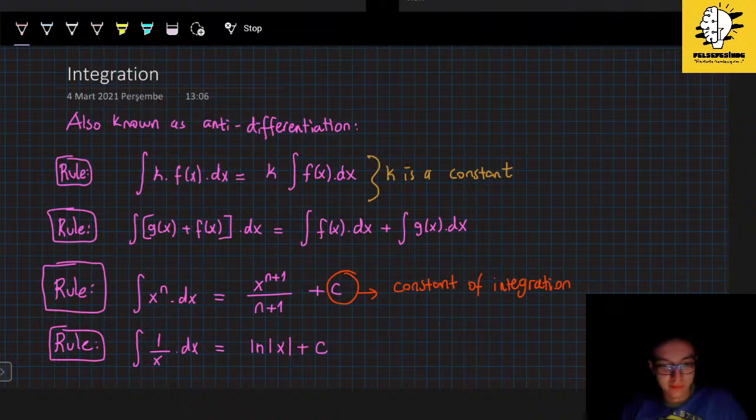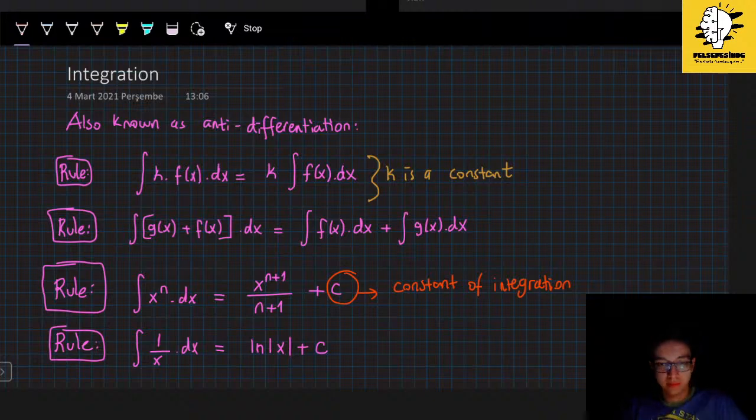These rules are important, and this will make our lives easier. Firstly, we have a constant k, and we can take the constant out of the integration. If we are taking the integration of the addition of two functions, then we can just separate them and add them together. It will not change the result.